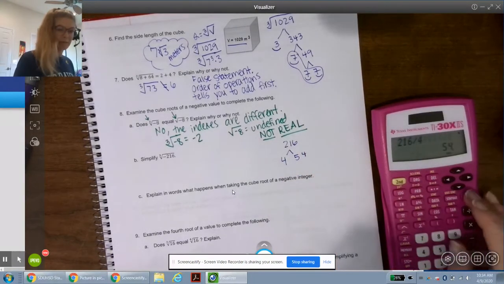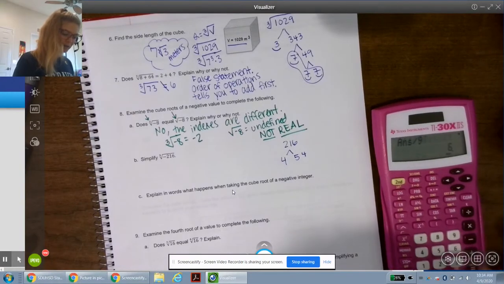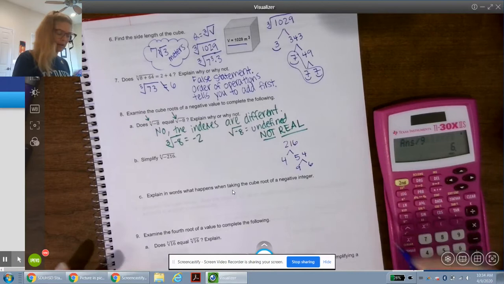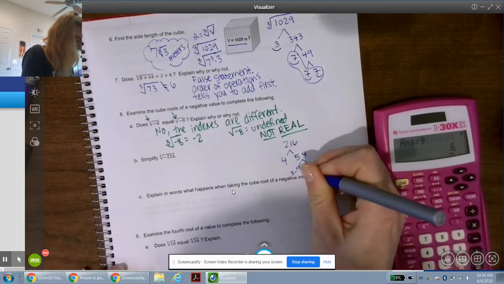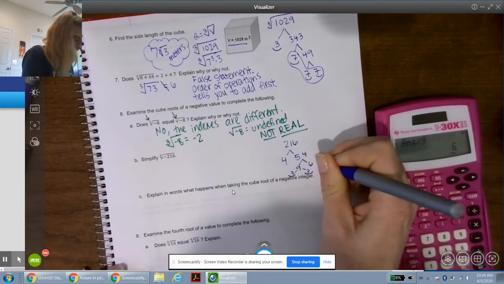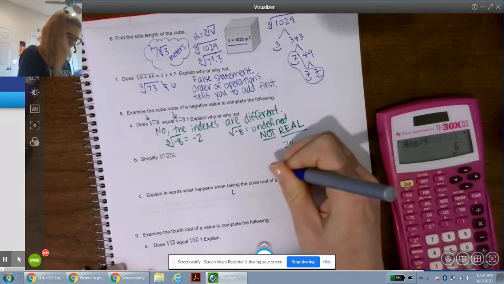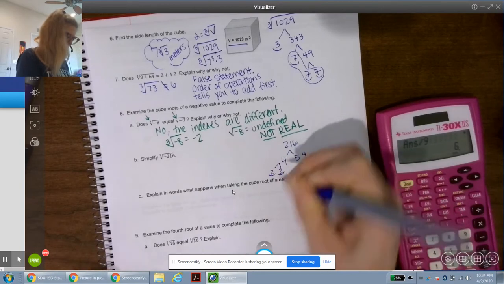And whenever I see the number 54, I think of 9, first of all. So 9 and 6. And then 9 is 3 and 3. And 6 is 3 and 2. And 4 is 2 and 2.